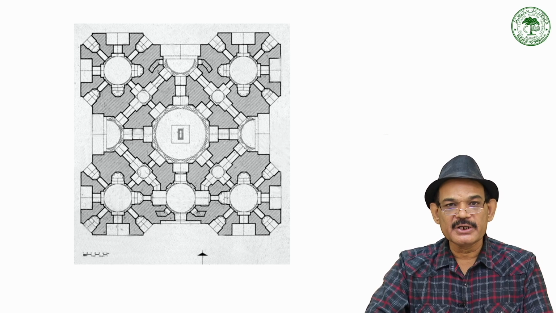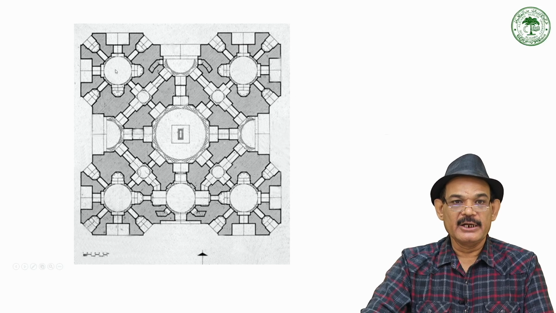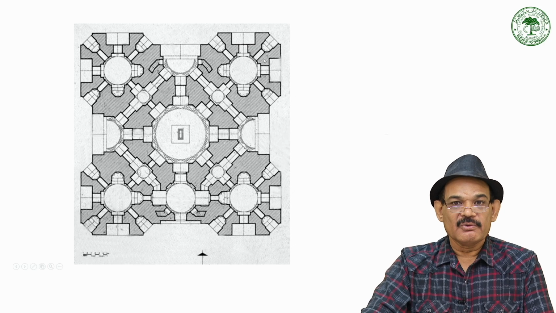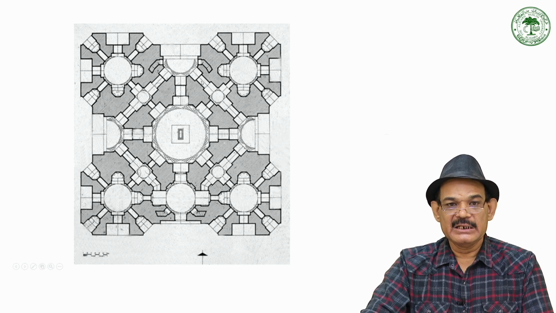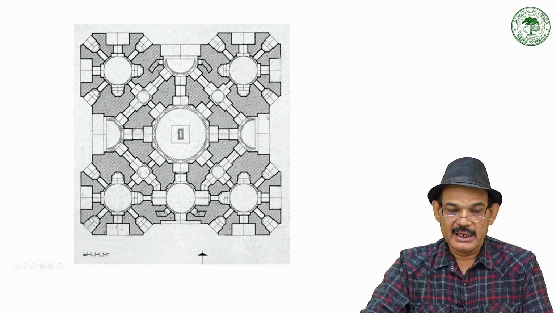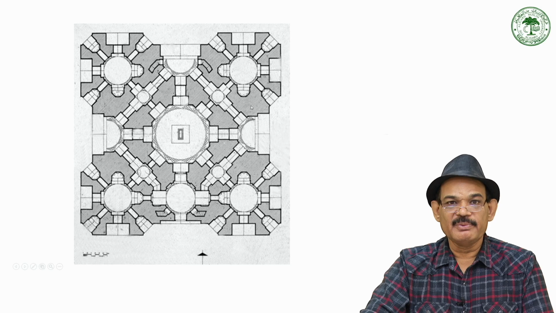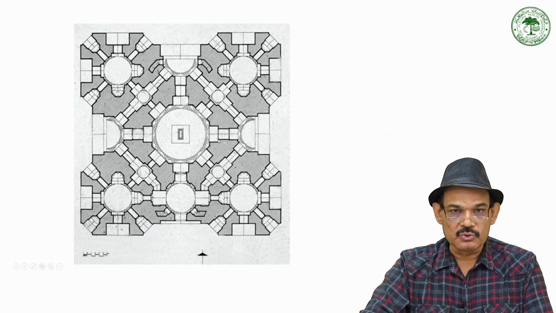Thereafter, we found a simple plan, and now you see, if you geometrically assess it, four octagons get merged in a central octagon. And now you see all the entrances are recessed inside, while the side wings project outside.